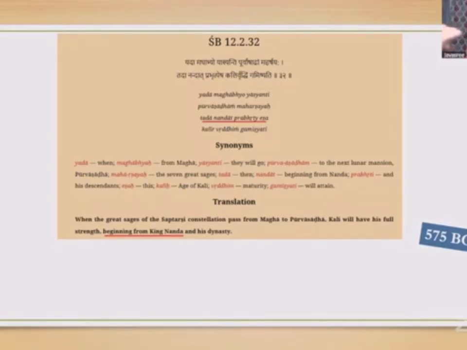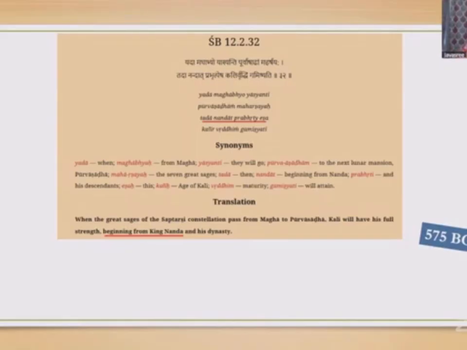In corroboration of that, we have a shloka in Srimad Bhagavata, where it says, when the Saptarishi constellation passes from Magha to Purvashada, that is, when it enters Magha itself, Kali would have been in full strength, beginning from the Nanda dynasty. The Nanda people are in the historical past, before the Mauryas, maybe around 500.